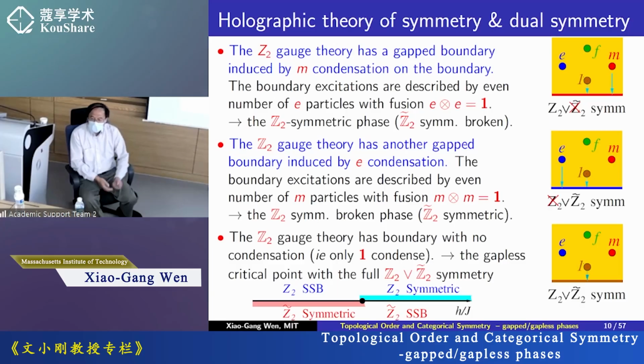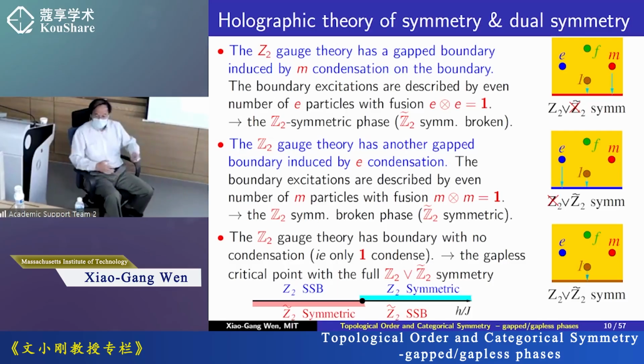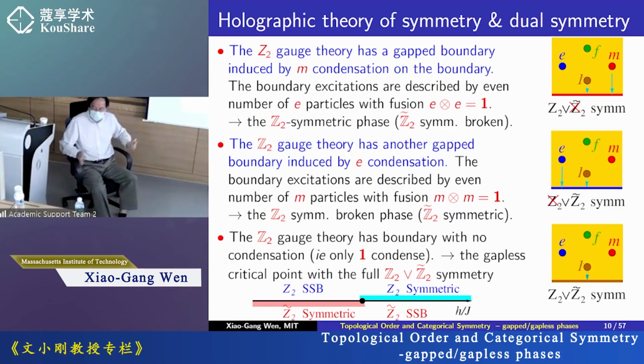And that probably is a better description. However, even without using the full categorical symmetry, this Z2 gauge theory already gives us a lot of information. Yeah, but you can see all these features.